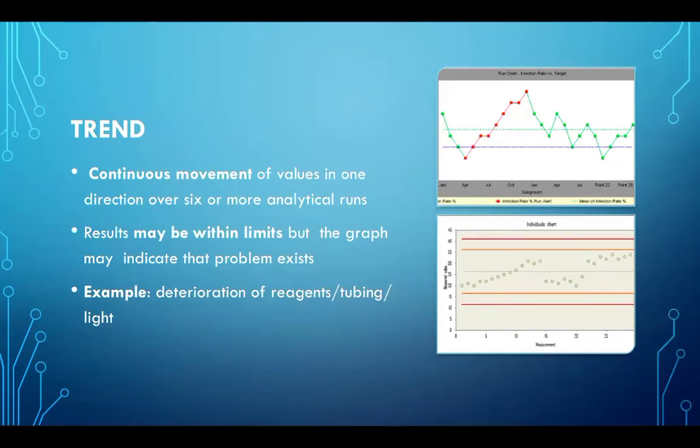But look at these red dots. It is showing trend. It is moving in one direction. Below this, in the beginning, these green dots, they are increasing. This is called trend.